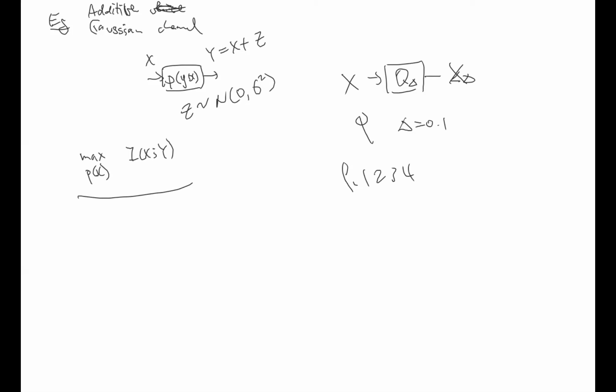After the quantization, I got 9.1, something like that. Now, because after the quantization this is something discrete, right? Then I can talk about the classical discrete Shannon entropy rather than the differential entropy. And also we can think of the capacity.